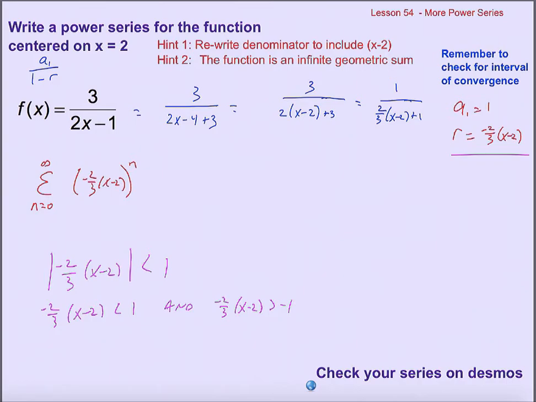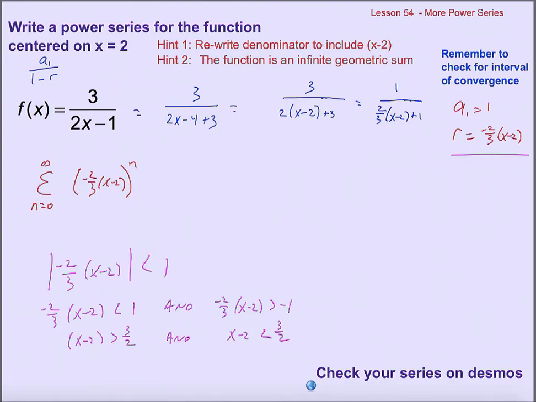When we solve this inequality, think back to Algebra 1 here. Don't forget to flip that inequality symbol over when we divide both sides by negative 2/3. And on the other side, x minus 2 has to be less than positive 3/2.